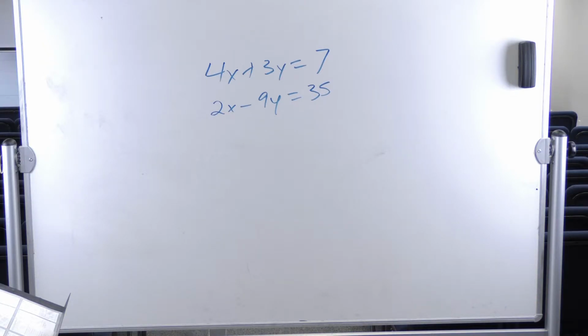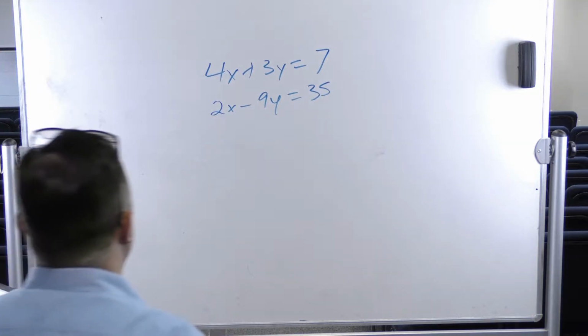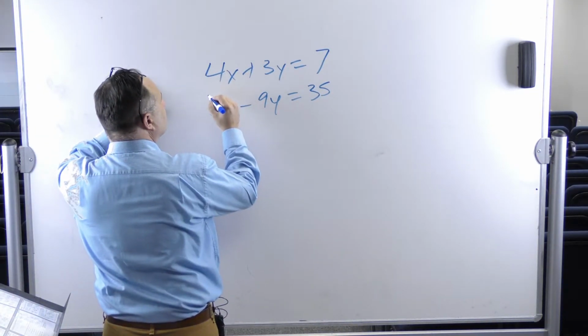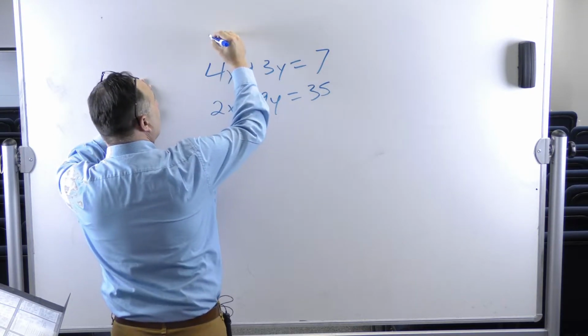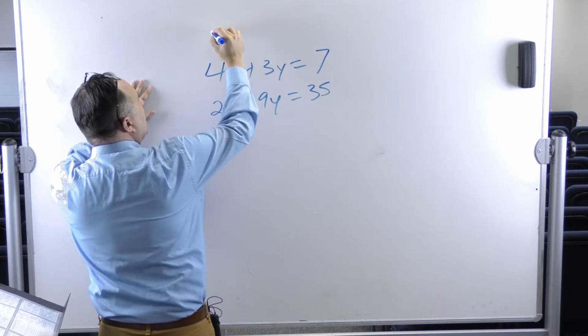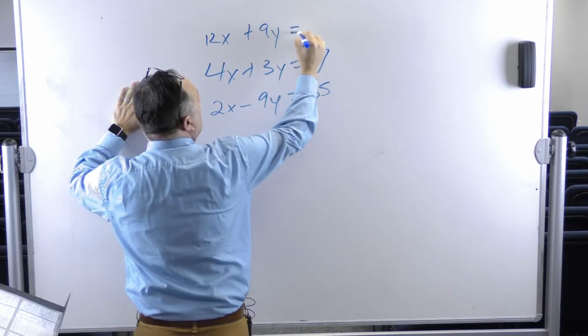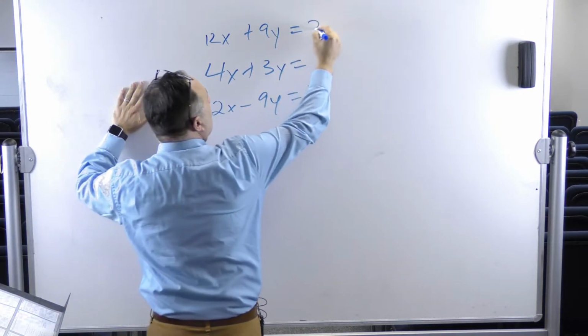The reason I multiply the entire top by 3 is it makes the y in the top equation a 9y. There's a negative 9y in the bottom equation, and so you'll be able to get rid of them. Let me do it right here, above. 4 times 3 is 12x plus 9y equals, I'm multiplying by 3, so 21.